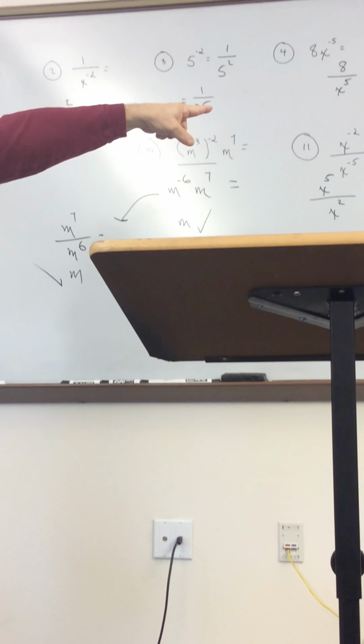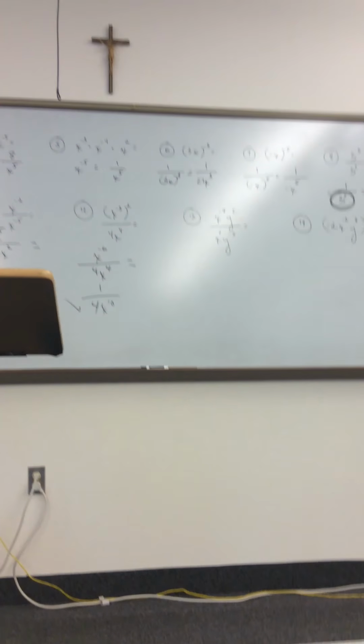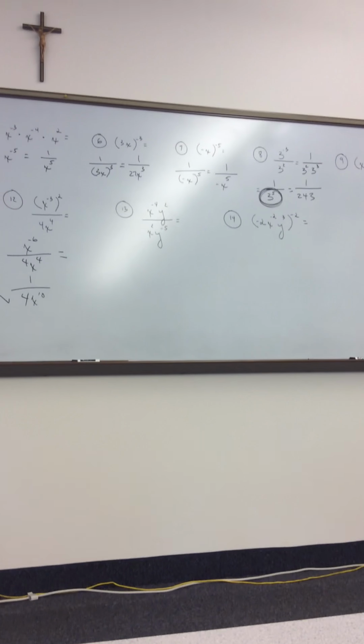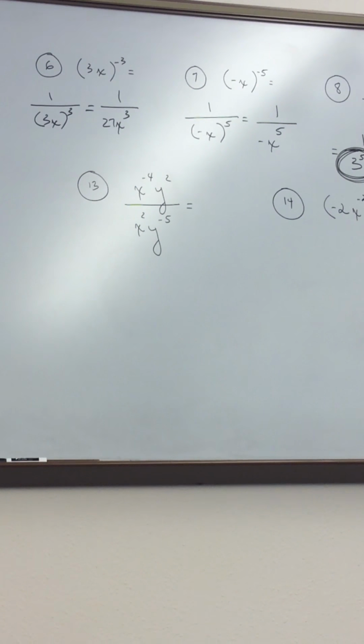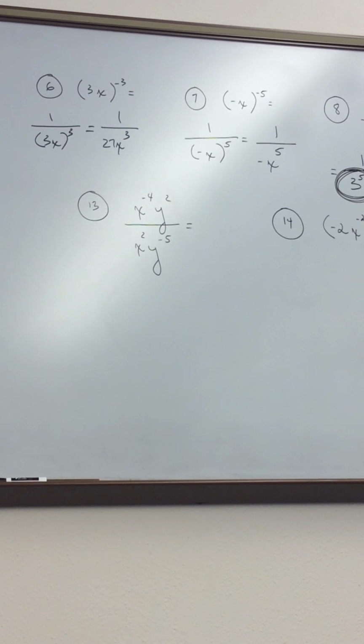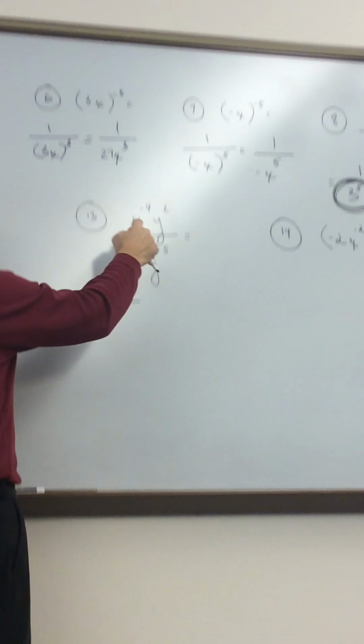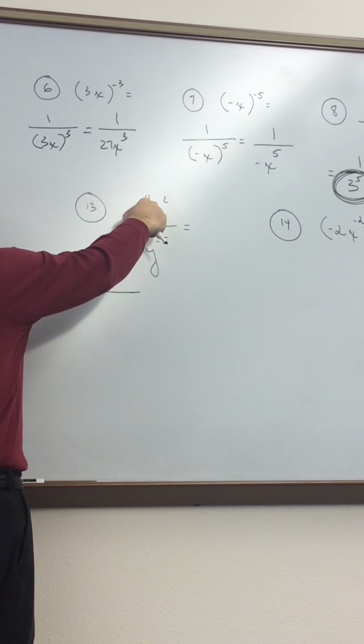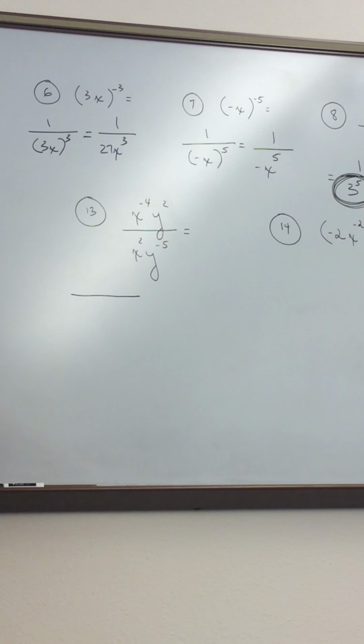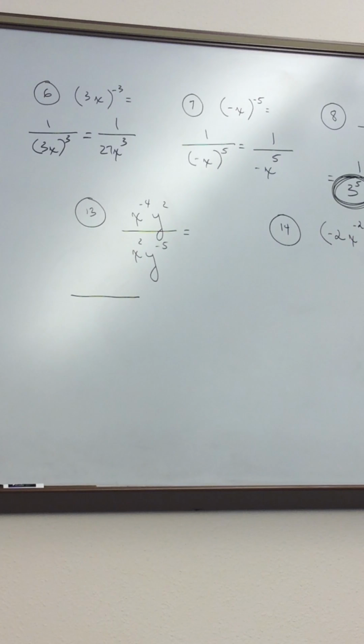13, what are you going to do? What's the first thing you're going to do in 13? Come on, look what's there. What are you going to do? Rob? Flip the x and y. You're going to move the negative ones. So look. X to the negative 4th is going to come down and become x to the 4th. There's already an x squared down there. What do I got for the x's?